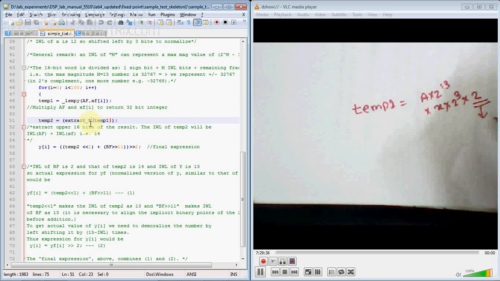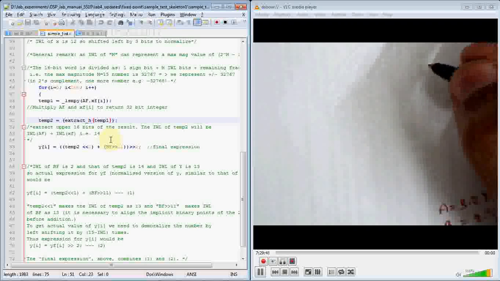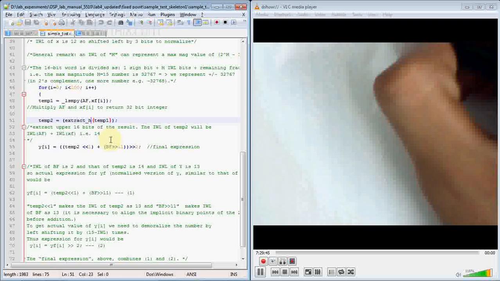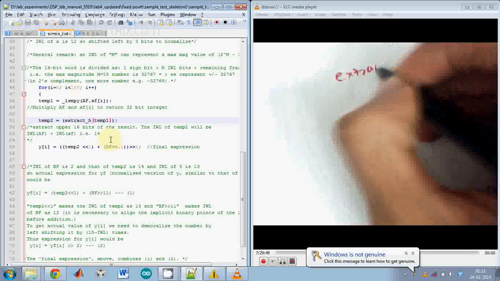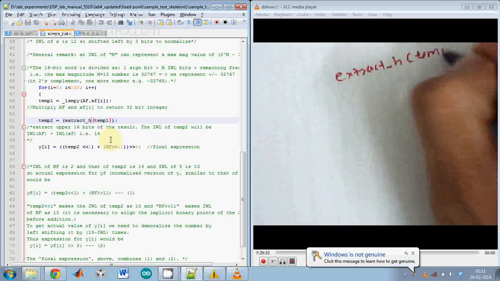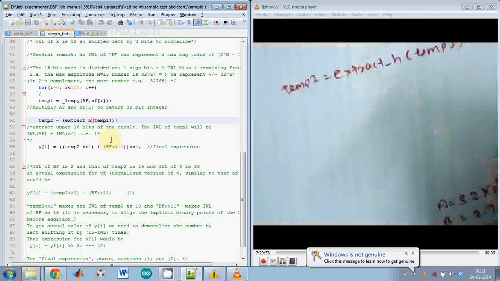Moving ahead, there is one more function that we are using here, which is extract_h.